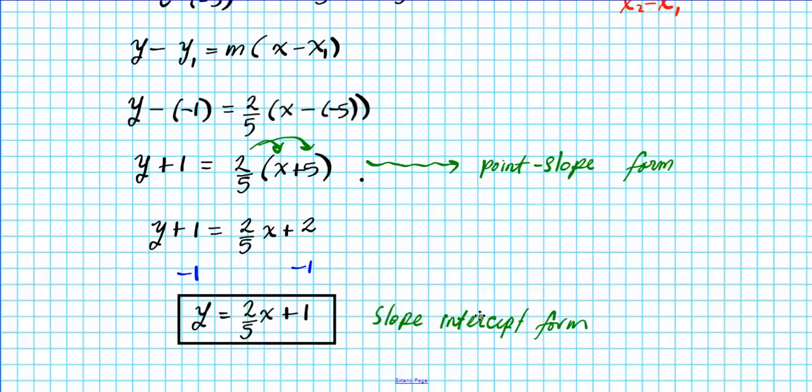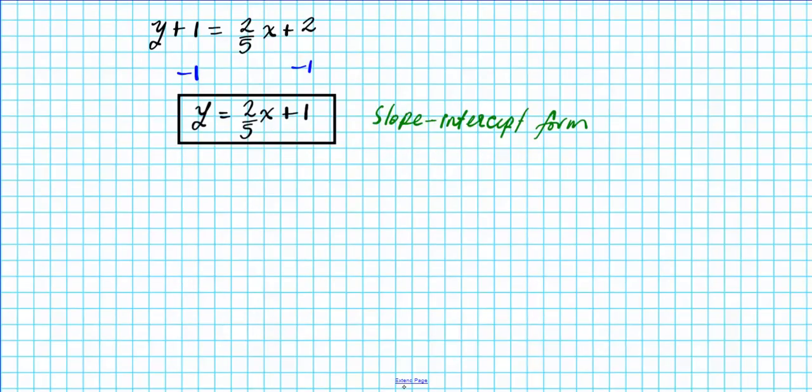Okay, so now that we have a slope intercept form, we're now going to proceed to the final part, which is to graph. Okay, now in order to graph this, we just need the slope. Slope is 2 over 5, which means we're going to be rising 2 and running 5. We're starting from the y-intercept of positive 1.